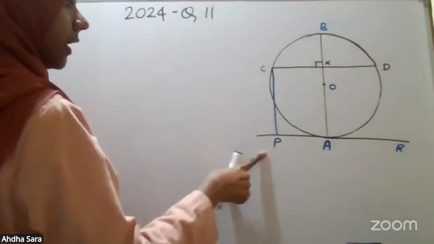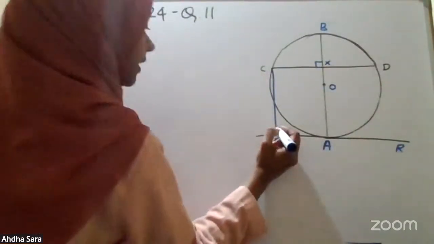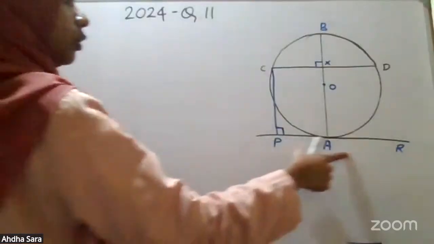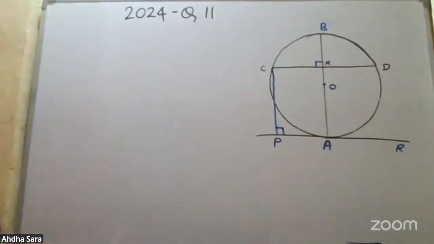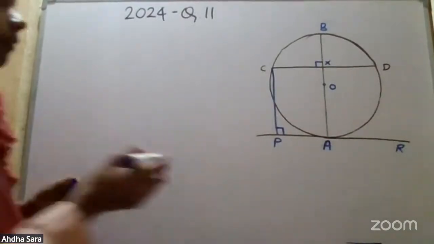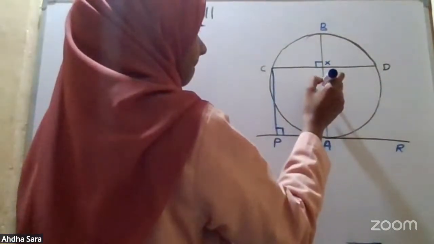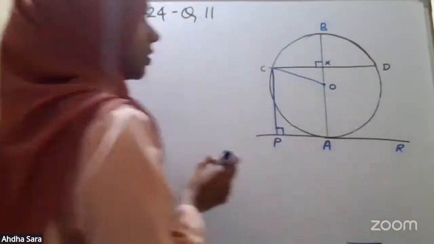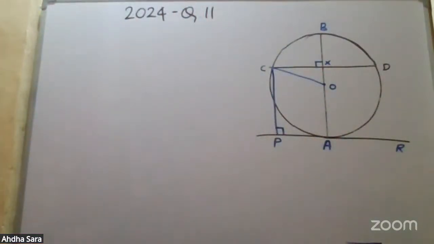So the straight line CP is perpendicular to the tangent PAR. Copy the given figure in your answer script and join OC. We have been asked to join OC.